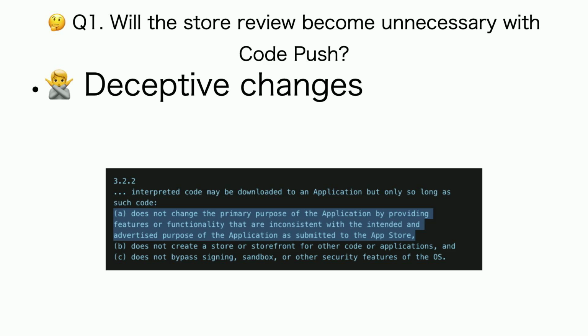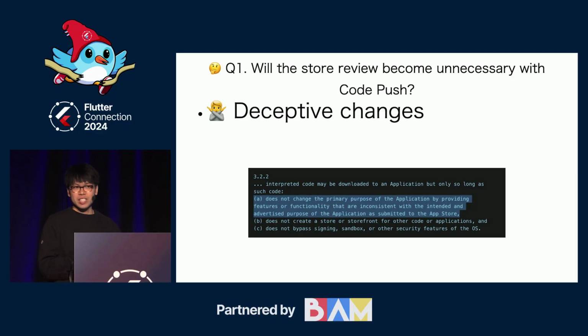The main functionality is a to-do, then you modify the code to change the app features to something like a dating app, and send the code push to reflect these changes. In this case, you deceive the store. This is not allowed by Apple and Google, and if you do this, your app will be banned from the stores and Shorebird.